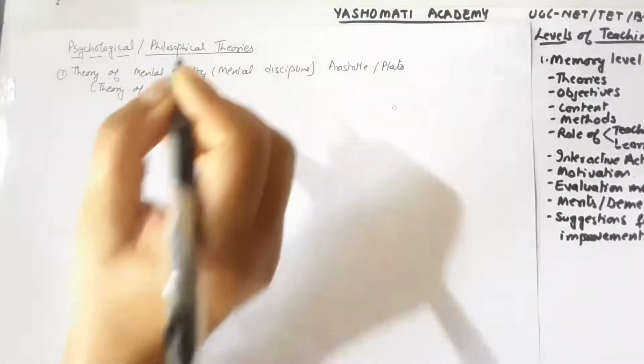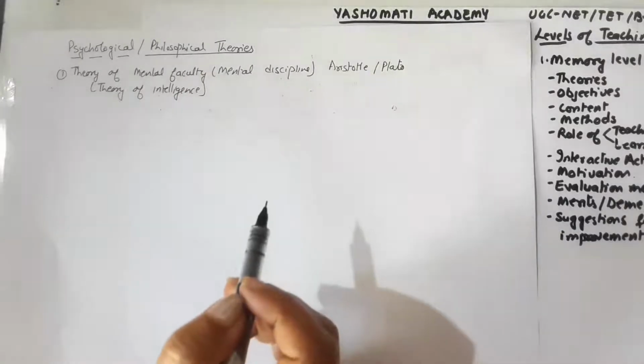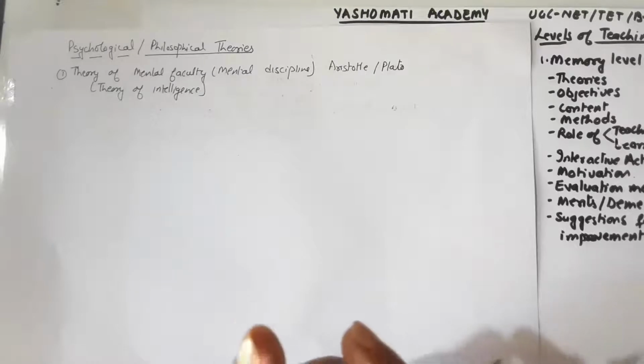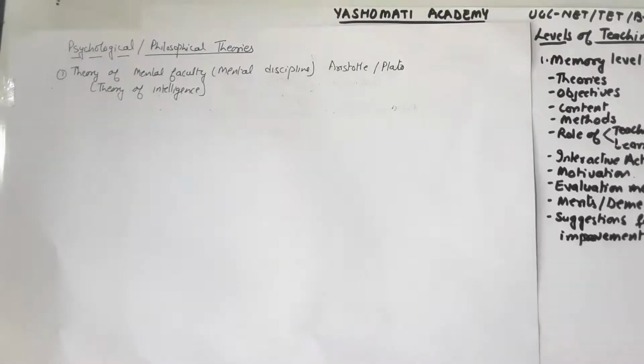Now, according to this theory, mind is a collection of separate modules which are assigned for various mental tasks. We know that we can do different mental tasks by using our mental capabilities.